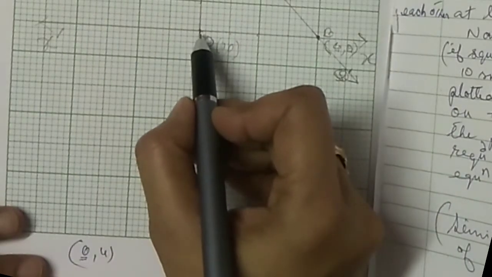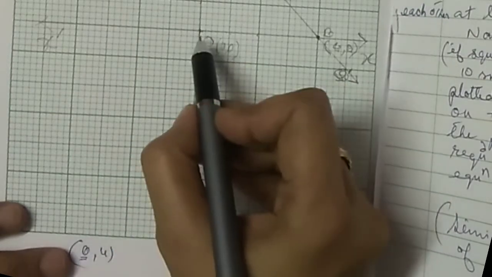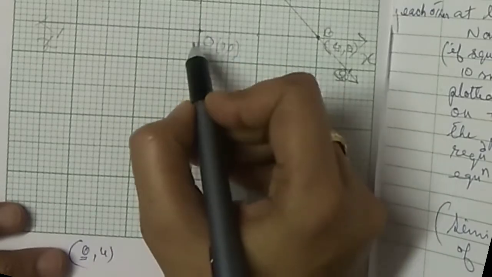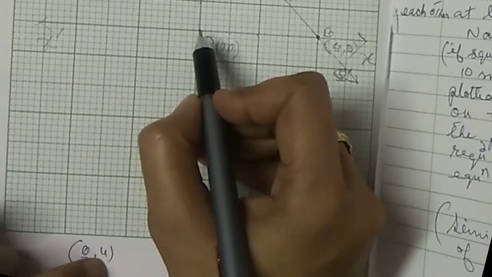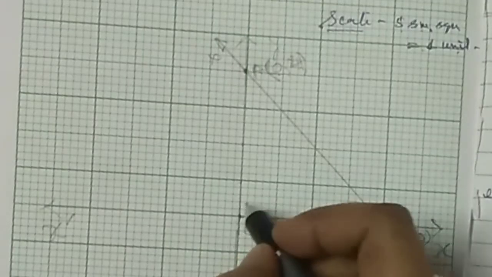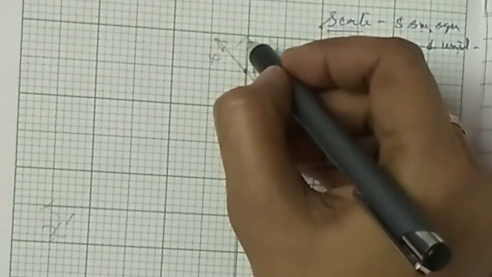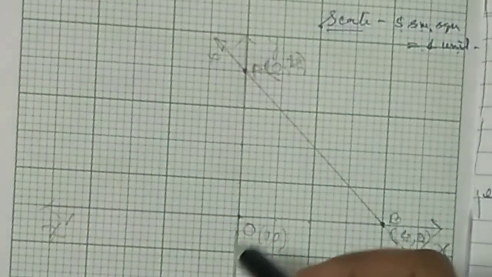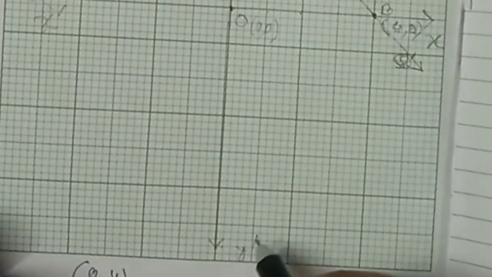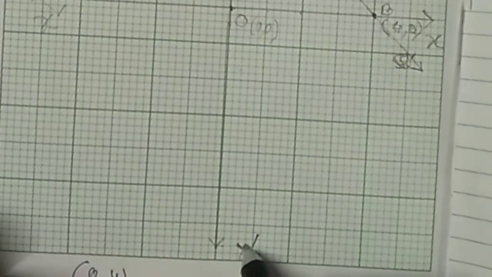The x coordinate is 0, so we are to stand at the origin only. Now y is 4, a positive value of y. All positive values of y will be in the upward direction of the origin, and negative values, as it is y dash, will be in the downward direction.